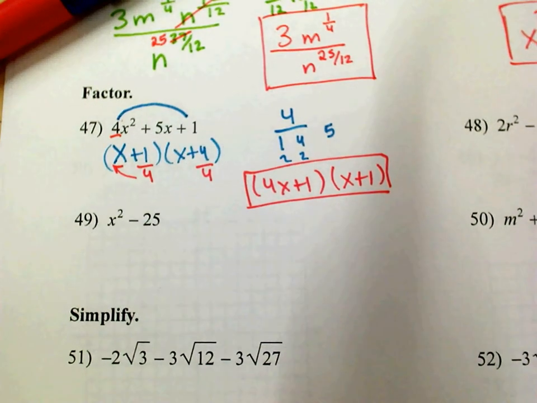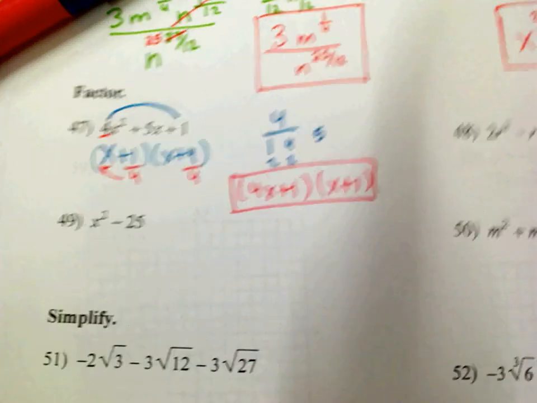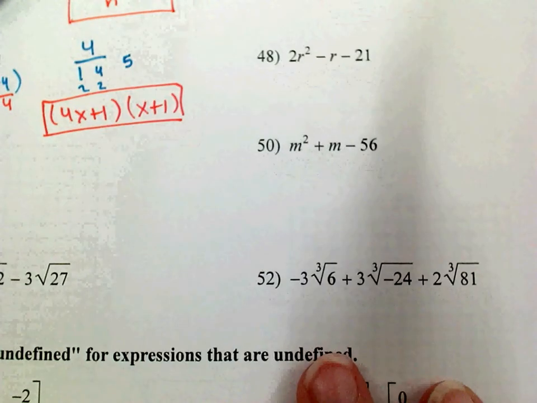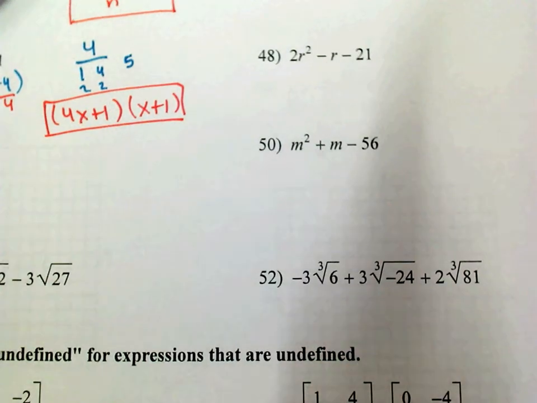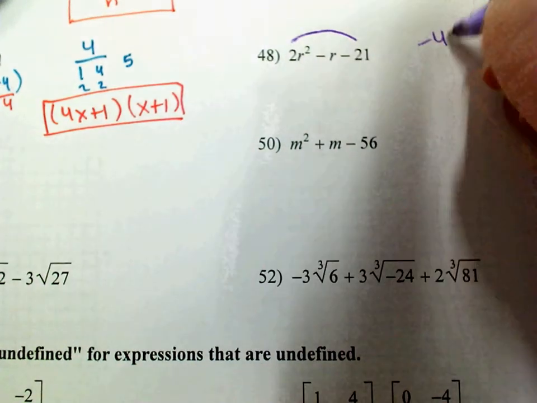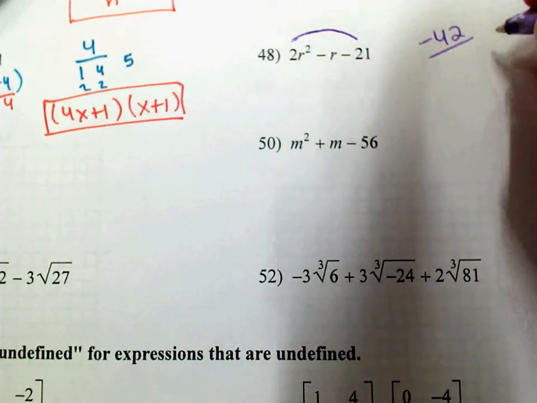You can always check to see if you're right by multiplying it back out, right? Okay. So 48. I'm going to multiply 2 times negative 21, which is what? Negative 42. I'm looking for the factors of negative 42 that add up to negative 1.